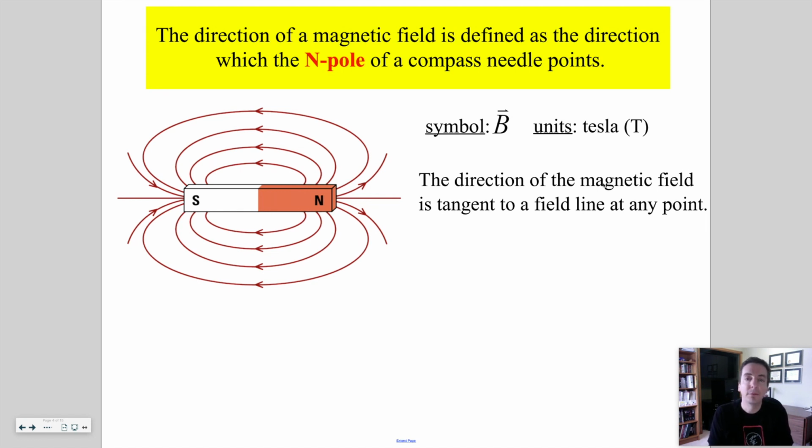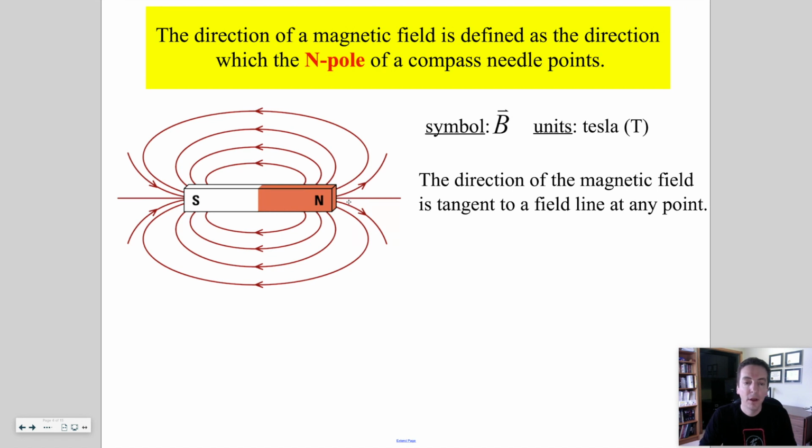The symbol for a magnetic field is uppercase B, and we notice it's got a vector arrow over top indicating that you've got a vector. So it's got a direction, obviously. The direction of the magnetic field is tangent to a field line at any point.